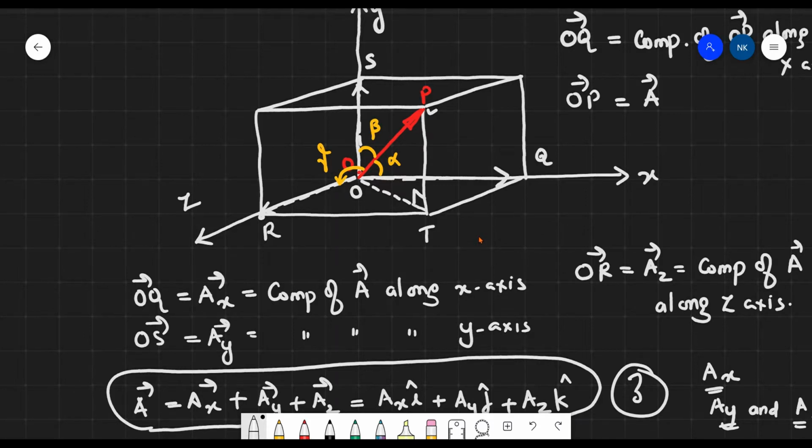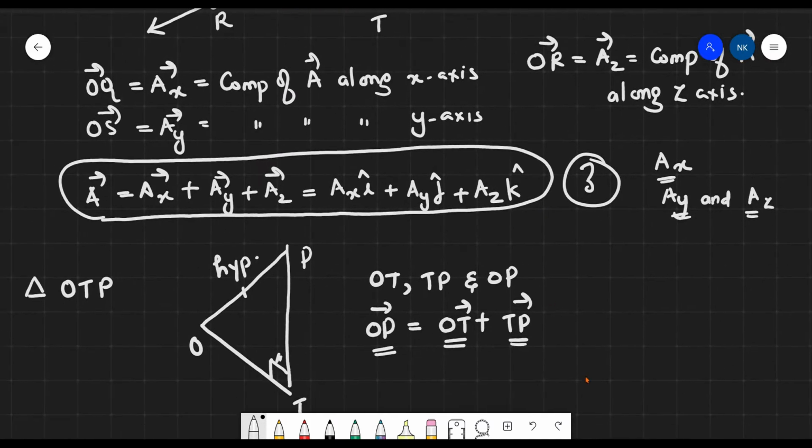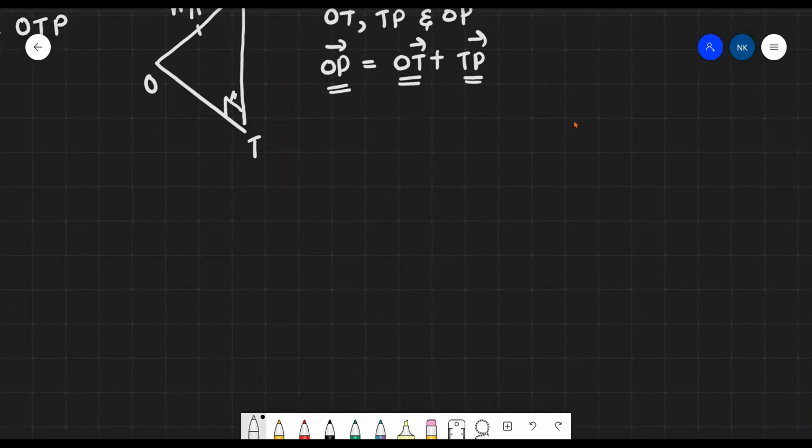अब आइए ट्रायंगल OTR में, ट्रायंगल OTR. All right, so this is triangle OTR. This angle is 90.